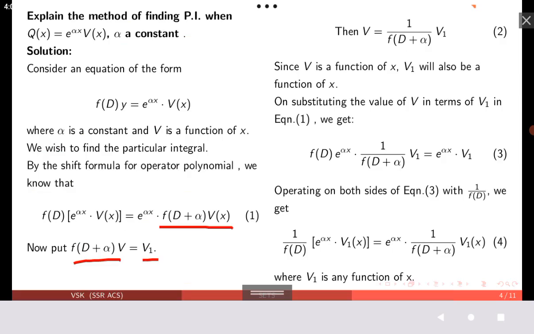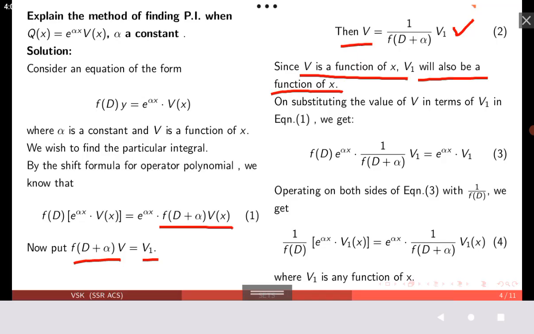So this whole expression will become V1. From this we get V equal to 1 upon F(D plus alpha) into V1. Since V is a function of x, V1 will also be a function of x.